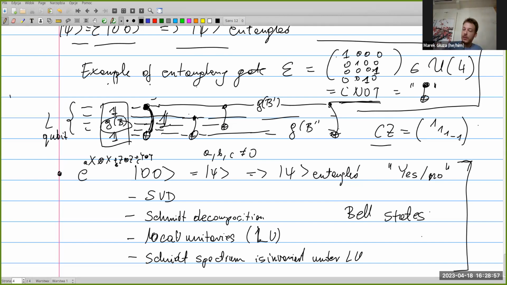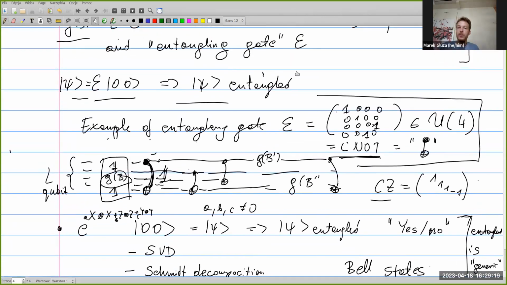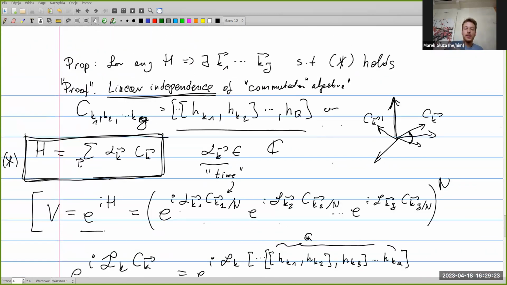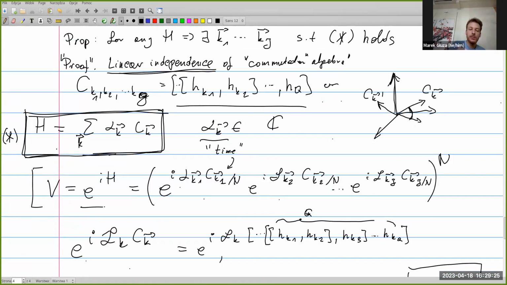The interpretation of this is that entanglement creation is generic, in the sense that you don't have to worry about those angles so much, as long as you entangle. And as long as you entangle, you could use the group commutator many times. At some point, you will pick up enough dimensions so that you can express any operator.